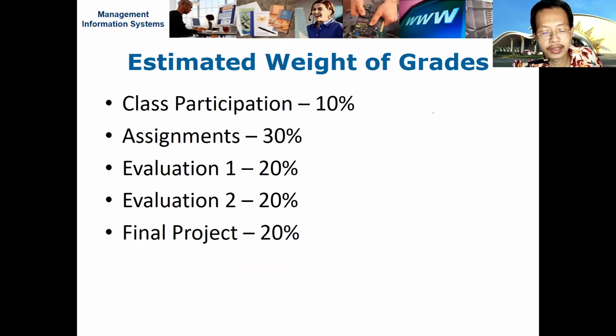And then here's an idea of what constitutes your scores. You can see here that there are 3 large evaluations. 2 of them are written evaluations, and then there's a final project, which is also written, but it's the result of your own work.